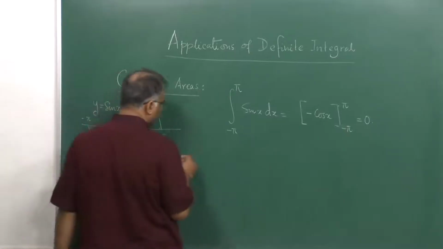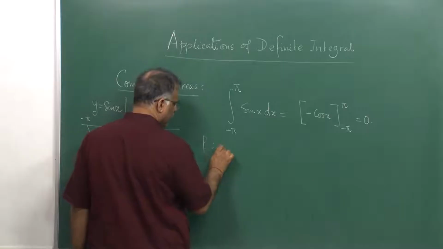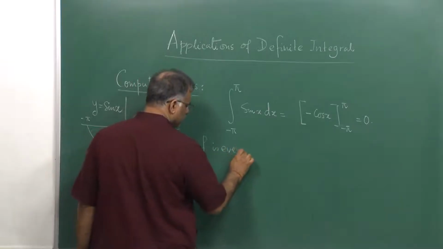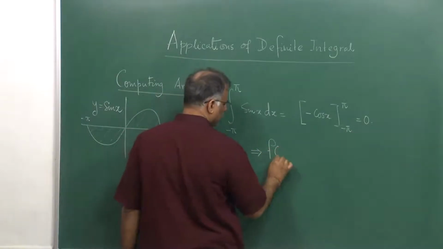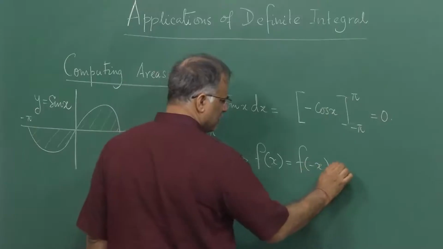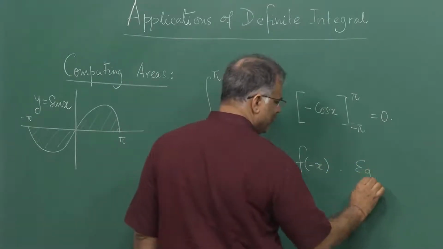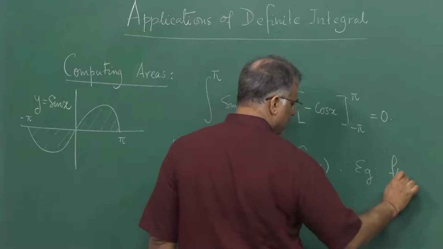There are two classes of functions called odd and even. So, f is even if f of x is the same as f of minus x. For example, f x is x square.